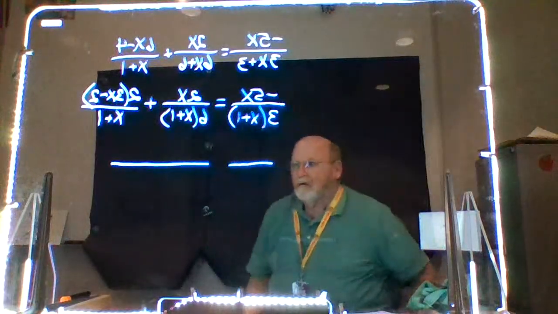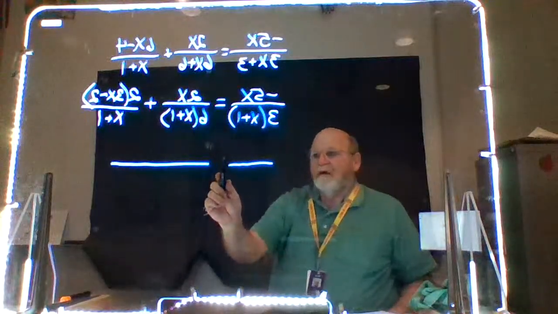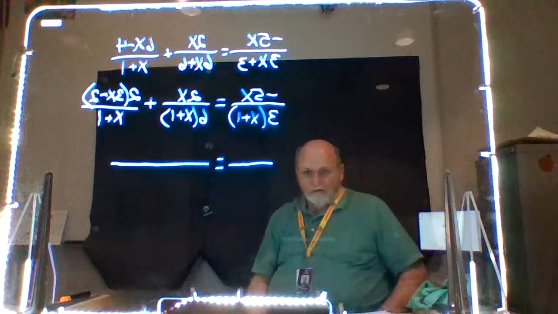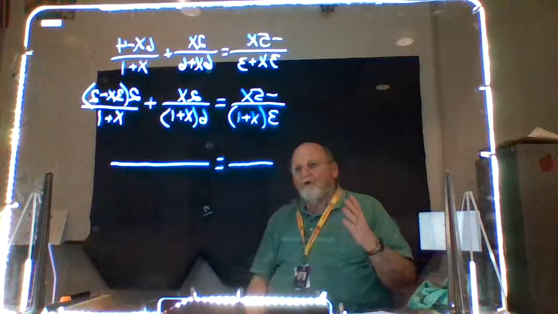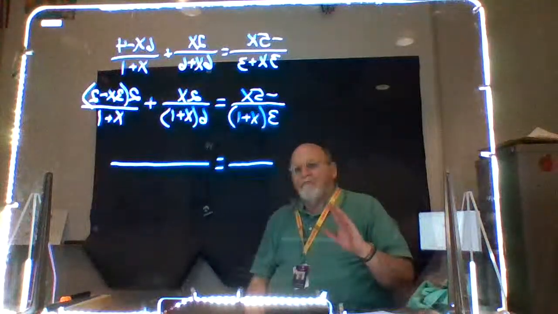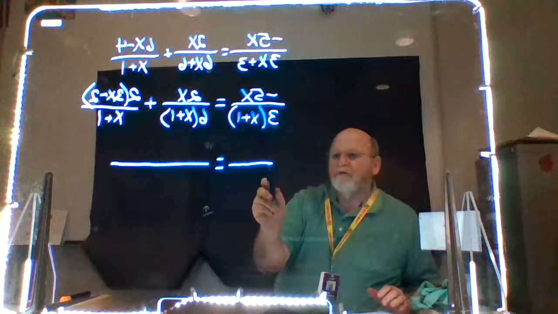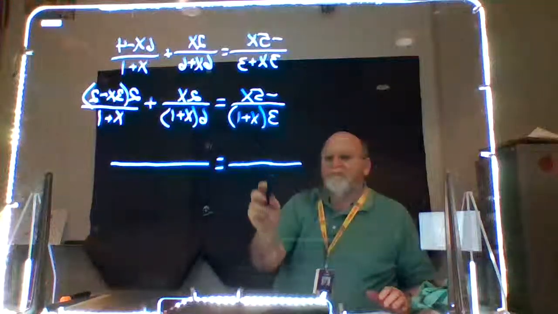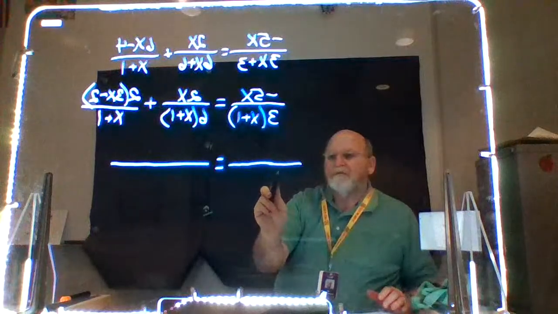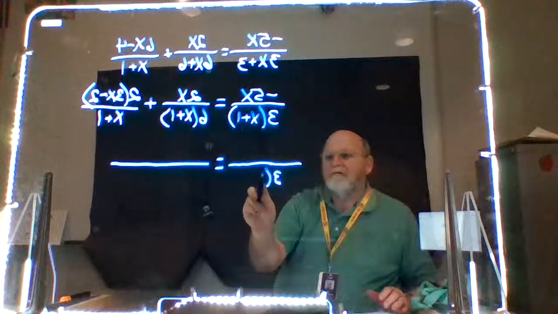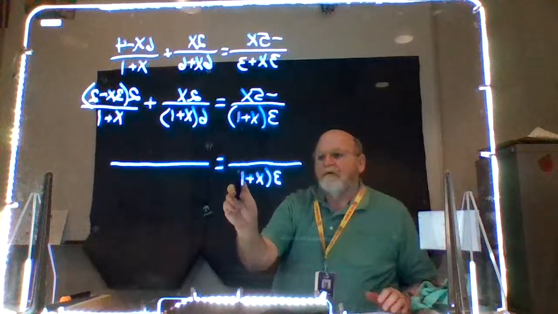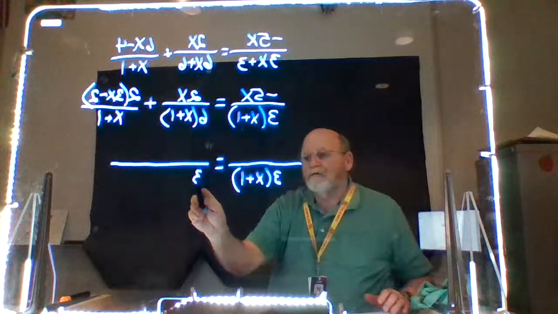Okay, common denominator. And there is another way to do this, but we're going to do this way first. And our common denominator, if you remember, I've said write everything in the first fraction below the line. So that's what I'm going to do here. And I'm going to do that here.